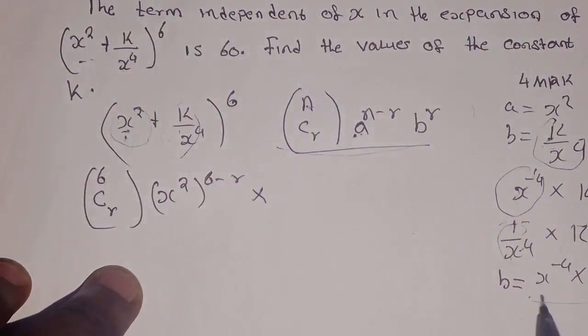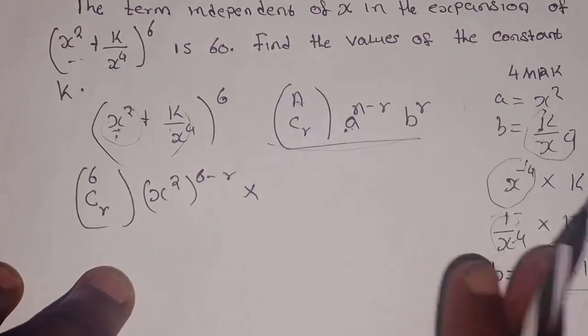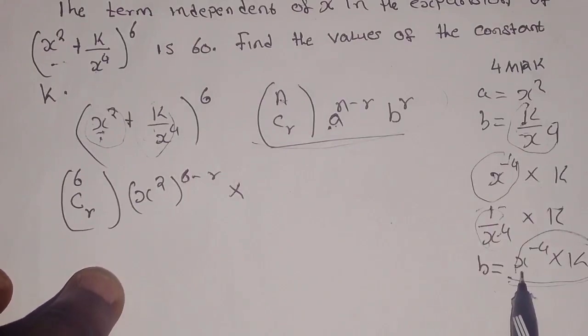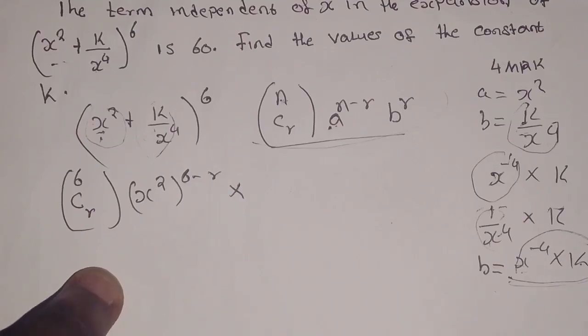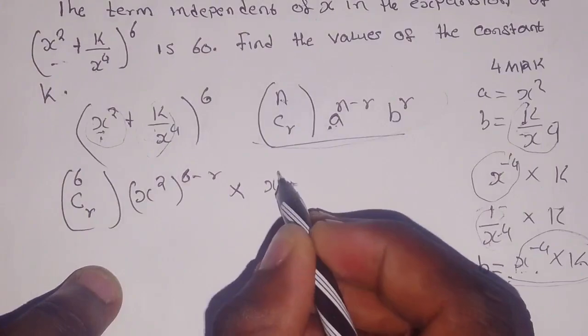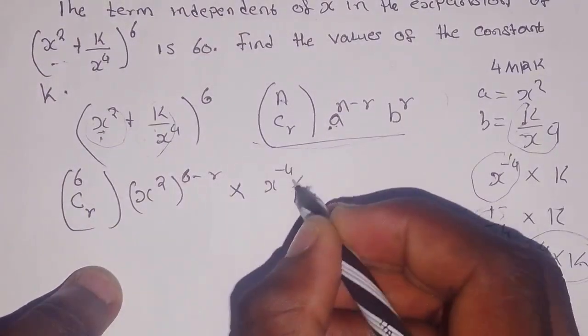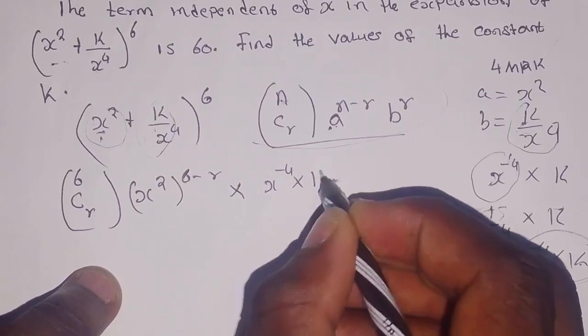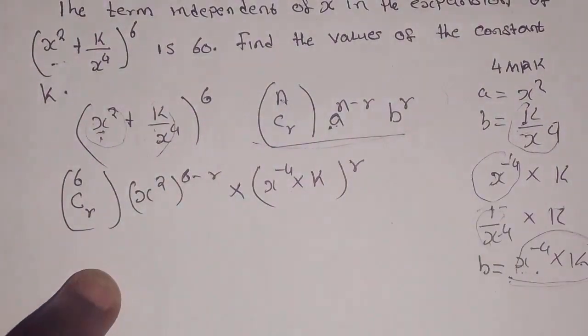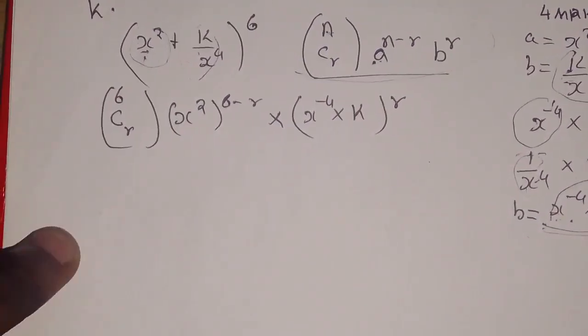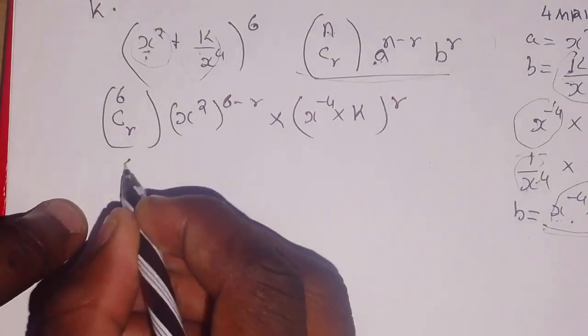We said that b is this one, which we simplified to x to the power negative 4 multiplied by k. So where there's b, we're going to have x to the power negative 4 multiplied by k, to the power r, which we don't know. So we maintain our 6 choose r.